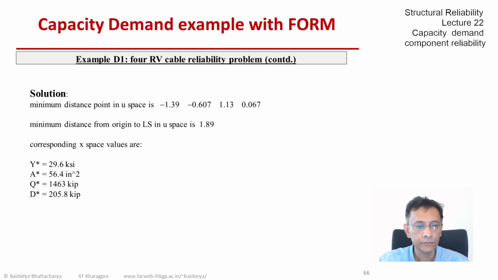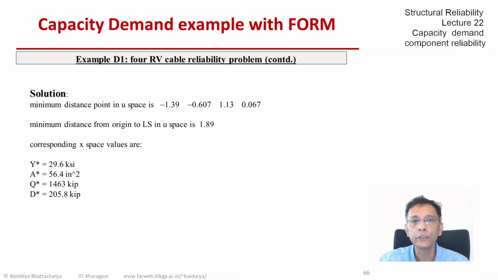Now, we might be interested to know, and this is obviously a good question, what would happen if we did not take the trouble of going through this Nataf transformation.